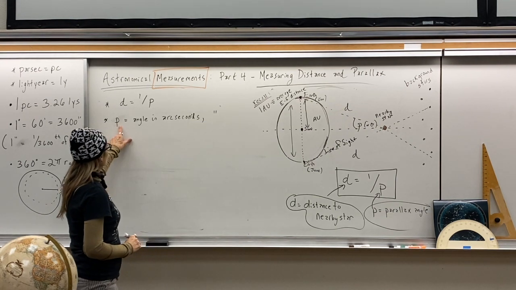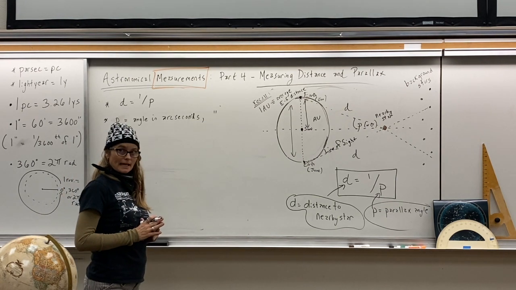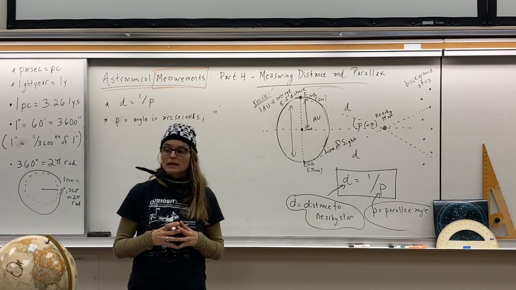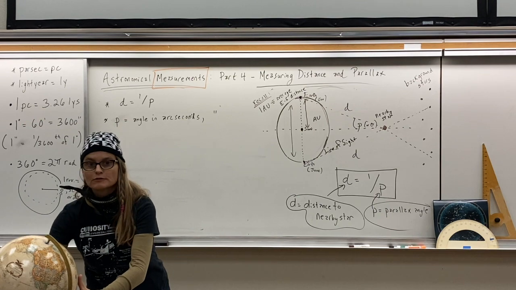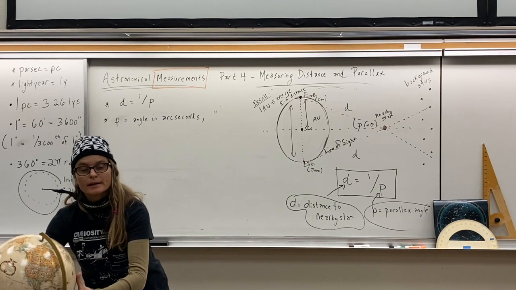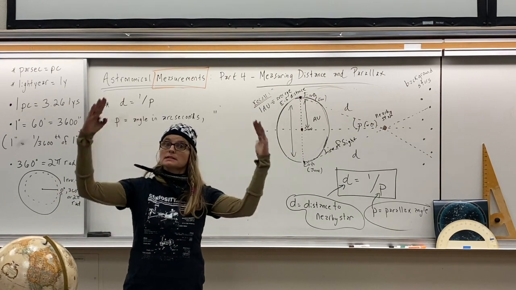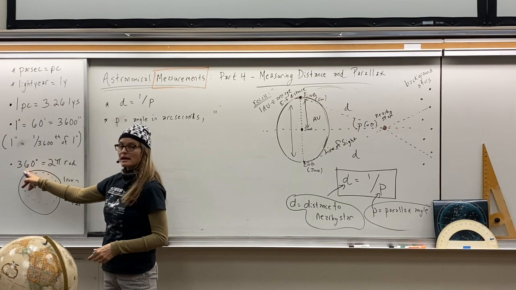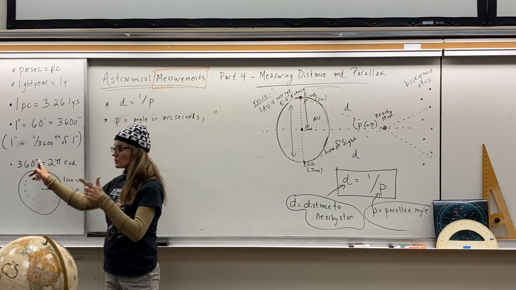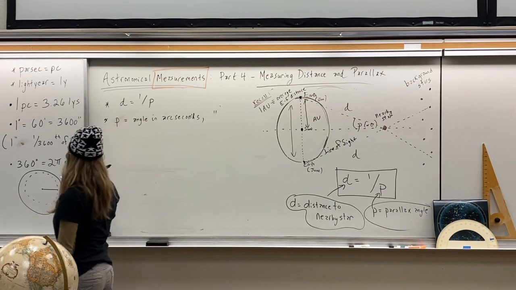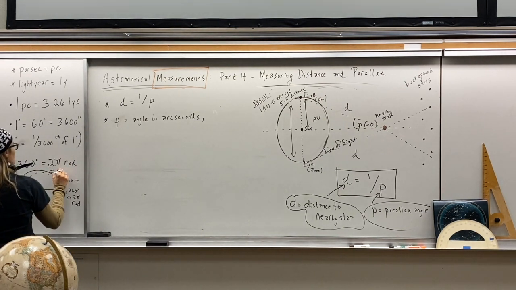Now, our parallax angle is measured in arc seconds. So again, if you go back and look at what we did with angular measures, we divide up the sky. So we take the Earth here and we divide up the cosmos, the heavens above us, into 360 degrees. 360 degrees making one complete circle around, also known as 2 pi radians, which is approximately 6.28 radians.